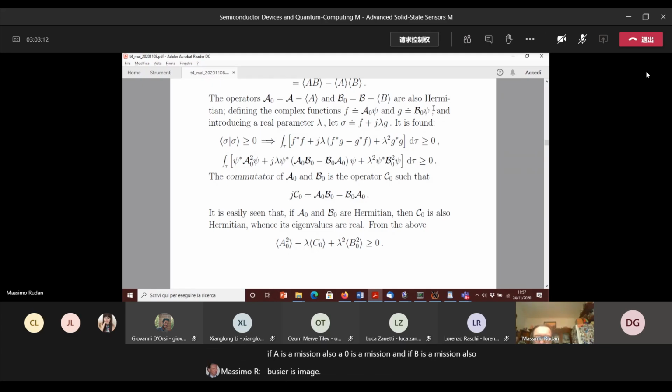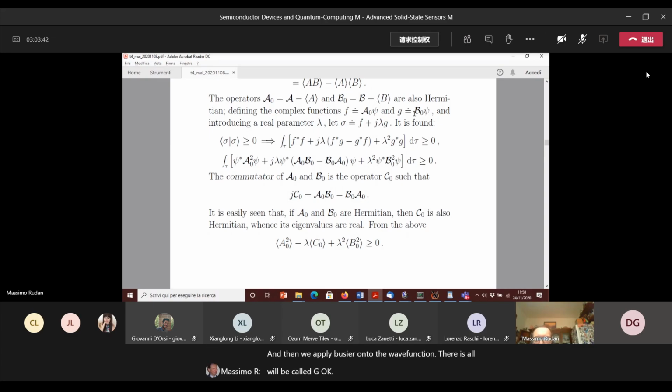Then we take the wave function. Of course, the wave function that we are considering in this analysis is the same for both operators. And we apply A0 onto the wave function, and the result will be called F. And then we apply B0 onto the wave function, the result will be called G, okay?